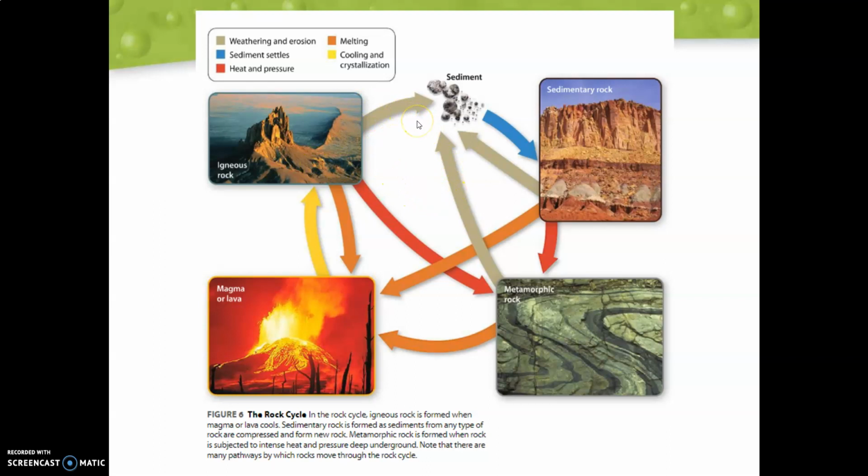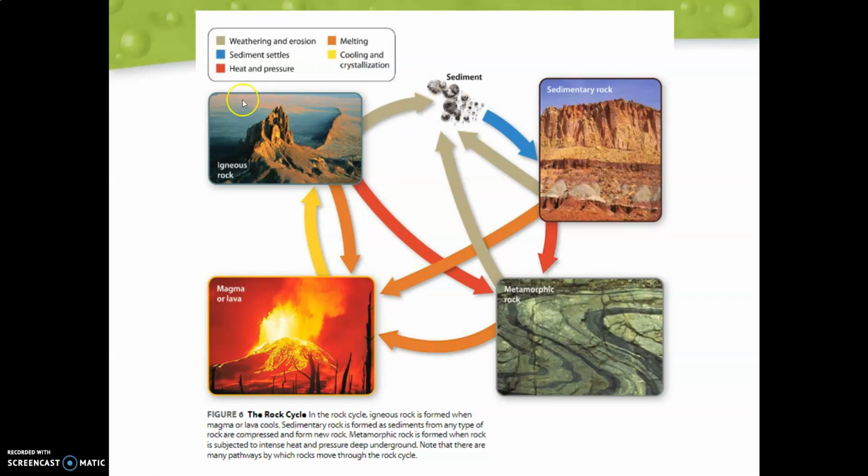For example, if sedimentary rock is exposed to, if we follow this red arrow, heat and pressure, it becomes metamorphic. Same thing with igneous. If igneous rock, we follow this arrow here, is exposed to heat and pressure, it also becomes metamorphic. And if metamorphic rock, or igneous rock or sedimentary rock, is exposed to melting, that's what this orange arrow represents, then it becomes lava or magma.